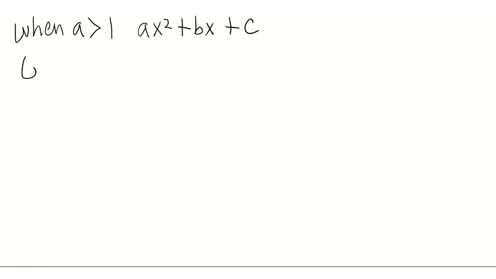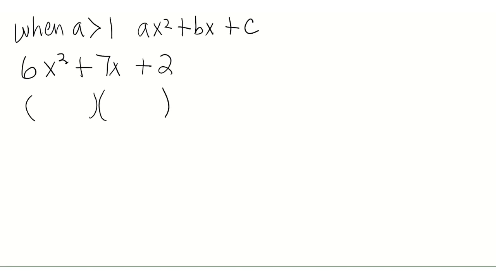If I have the equation 6x squared plus 7x plus 2, and I want to factor it down into binomials, I have a 6 instead of a 1 in front of that x squared.